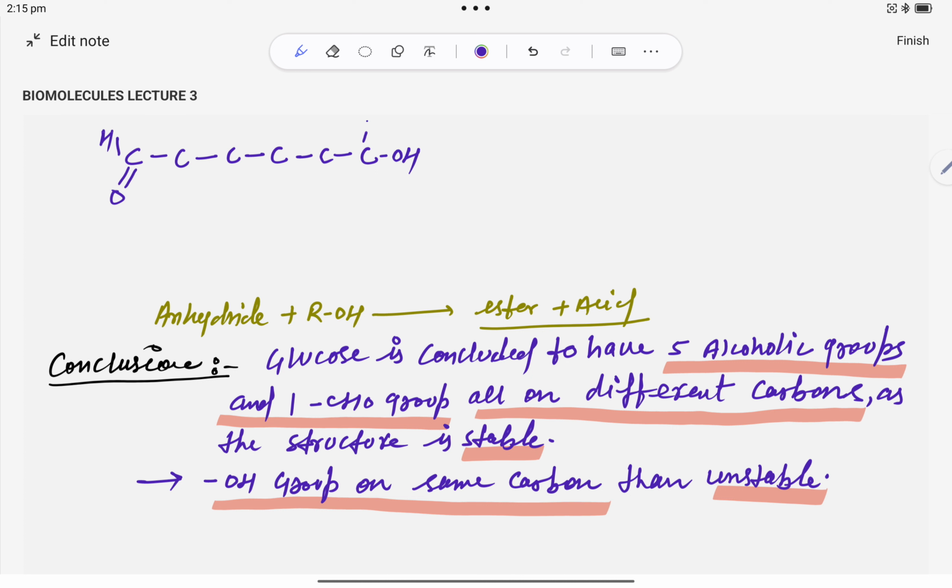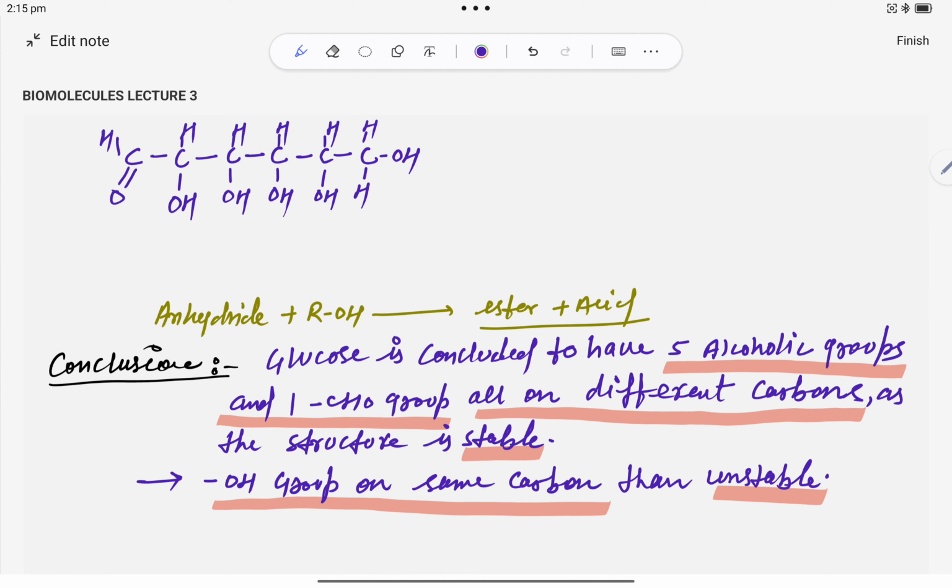And here H, here H, all the OH on this side, all the H on the same side. So this is the straight chain structure, but stoichiometry is not accepting this structure.